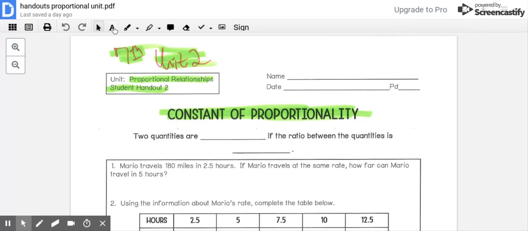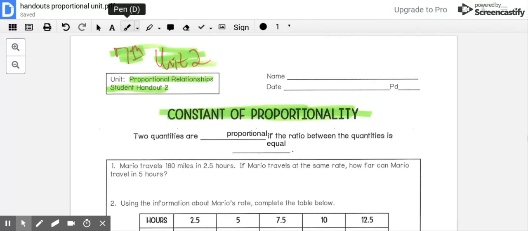So two quantities are proportional if the ratio between the quantities is equal. Like we said before, a simple example would be the boys to girls.